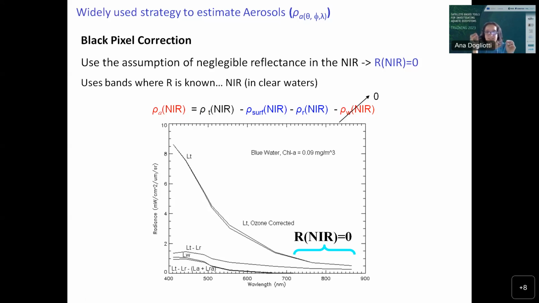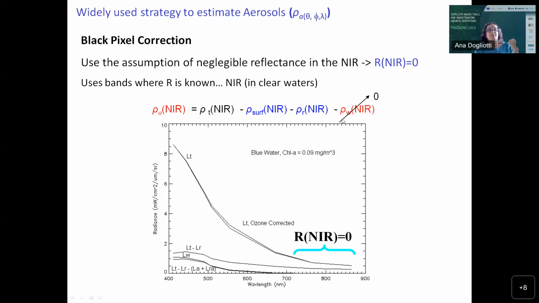As soon as the light arrives to the water, it's mainly absorbed. So actually, if the sensor is receiving a signal in the near infrared, that means it's not coming from the water, but from the atmosphere.